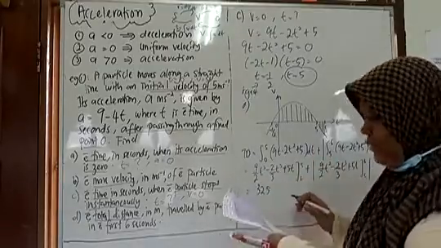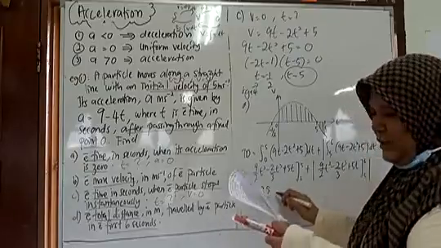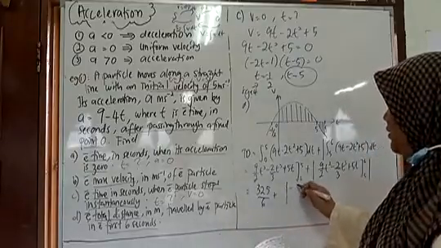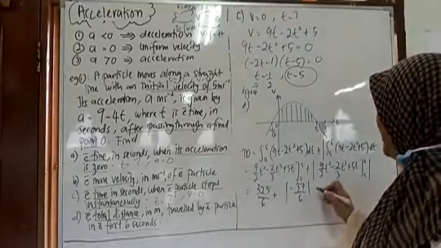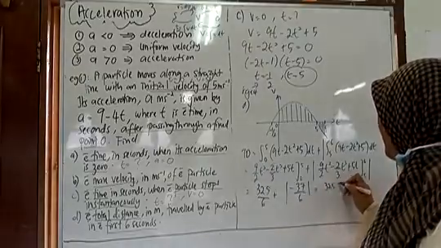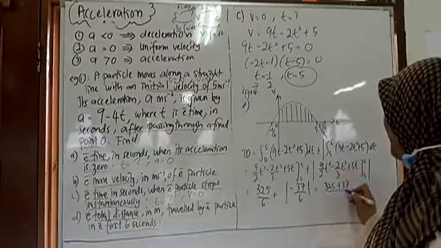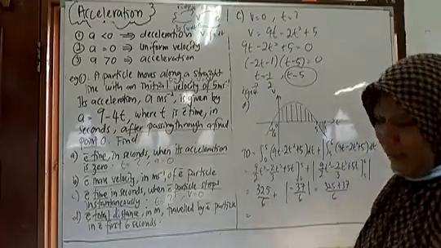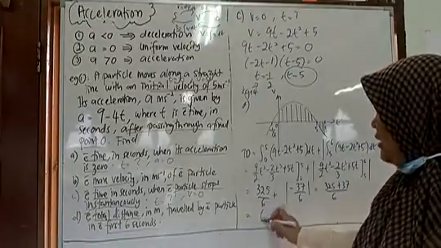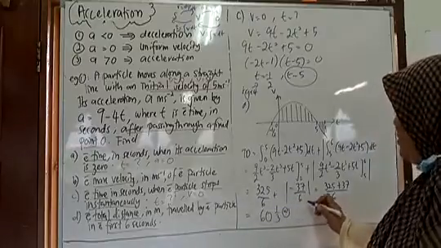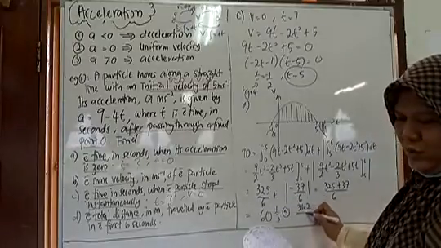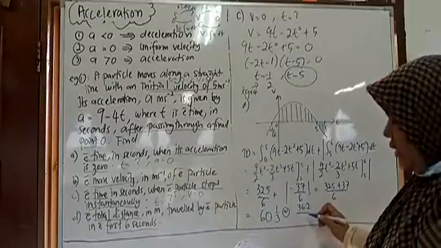So 325 over 6 plus modulus of negative 37 over 6, which gives us 362 over 6.